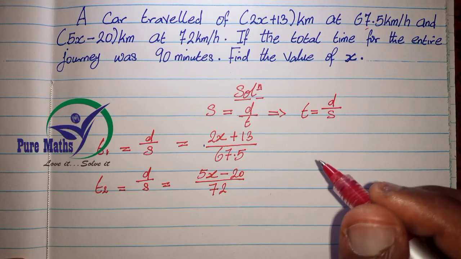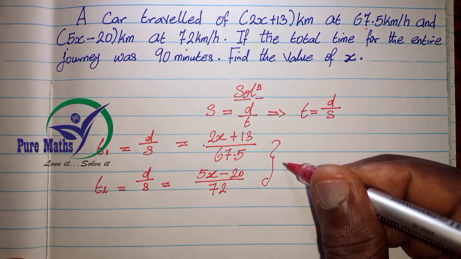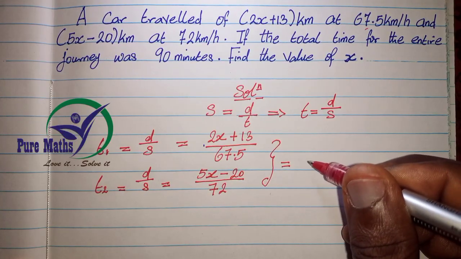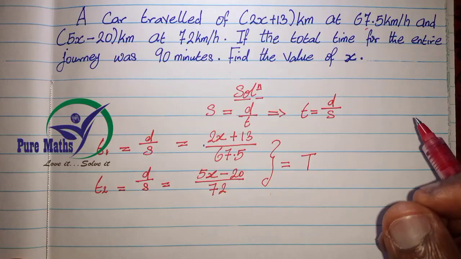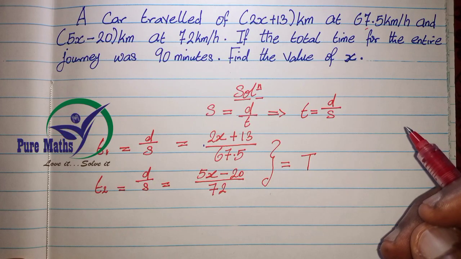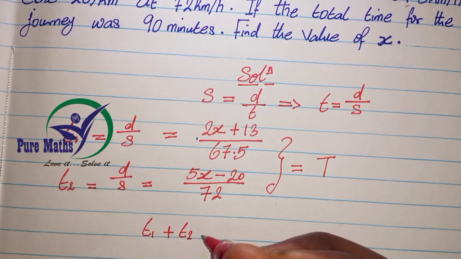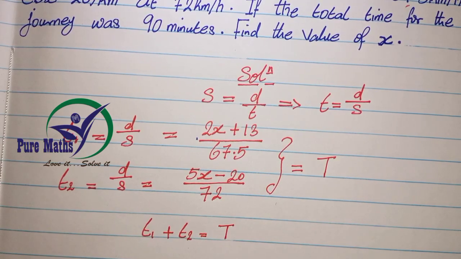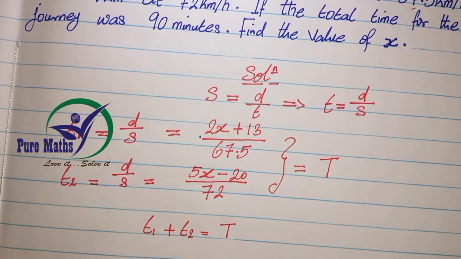Now we have T1 and T2. The addition of T1 and T2 will give us the total time T. T1 plus T2 is equal to total time T, which means that we are going to add our T1 and T2. So let's add.